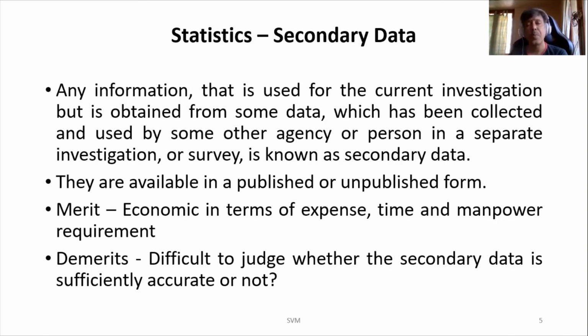That source should be reliable, so that whatever secondary data you collected and use for your analysis can be correct, provided the source you identified is authenticated or validated by yourself. Care has to be taken for that. Otherwise, it becomes a demerit for you, right?